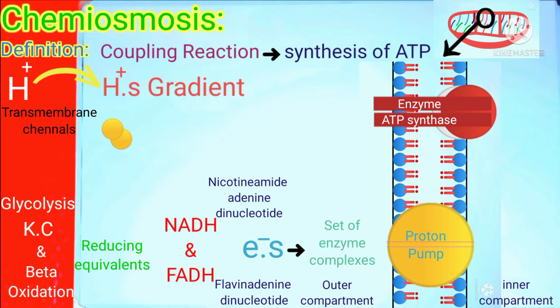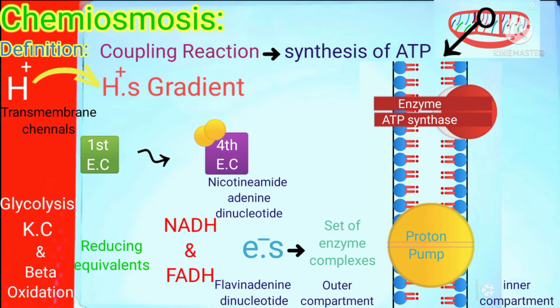When electrons travel from the first enzyme complex towards the fourth enzyme complex, energy is generated. This energy is utilized in pumping the hydrogen ions from the mitochondrial matrix into the intermembrane space.